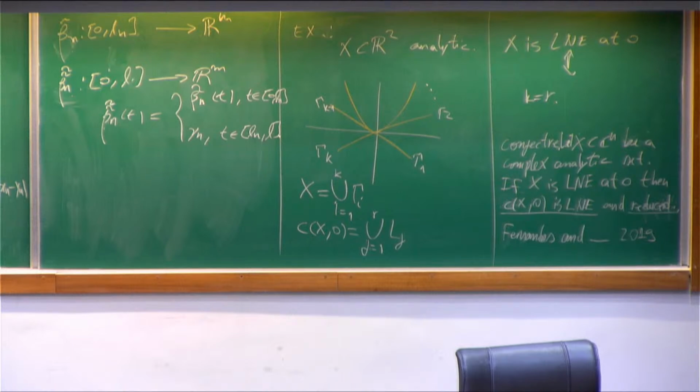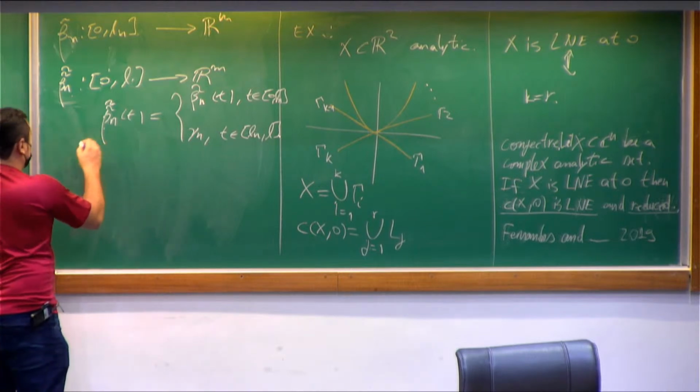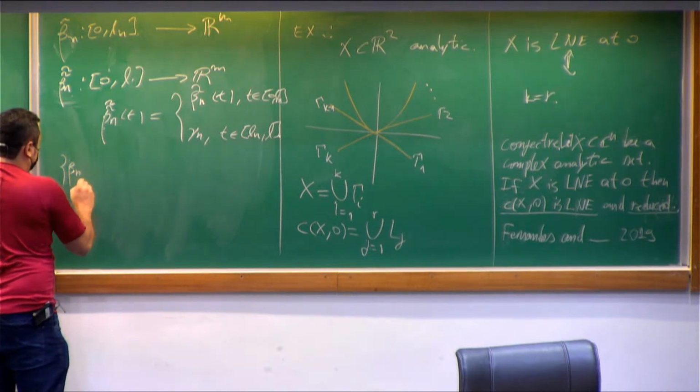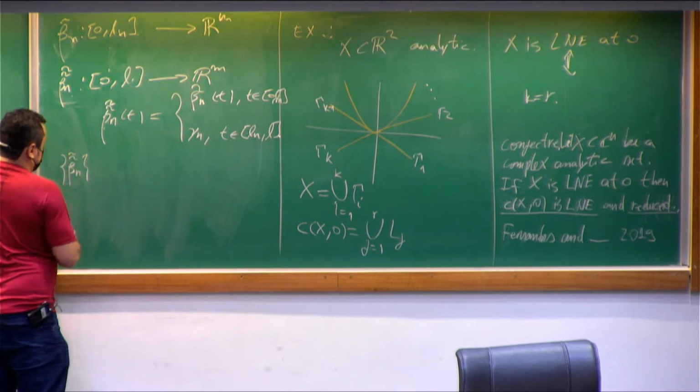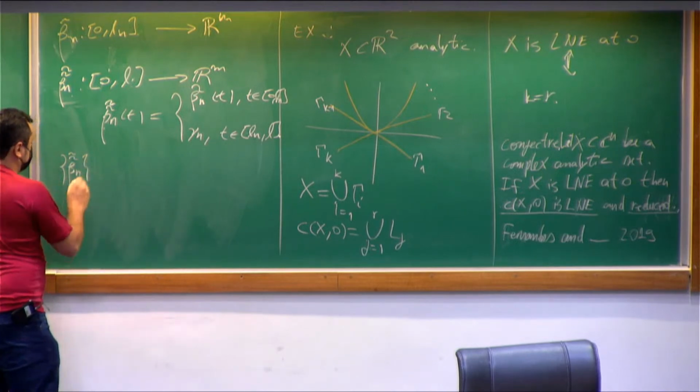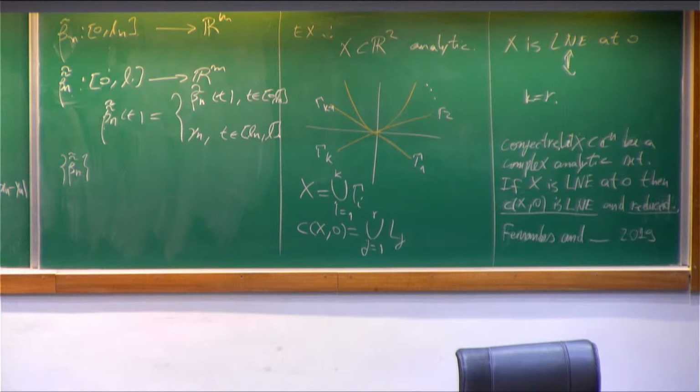So we have now a family of functions defined in the compact interval which are Lipschitz with the same constant.